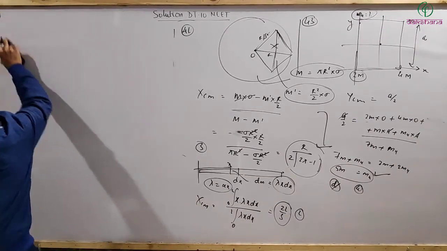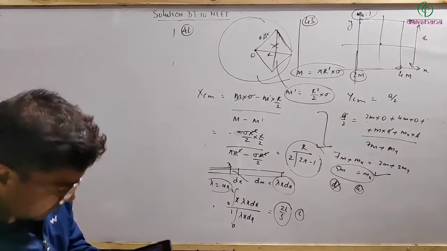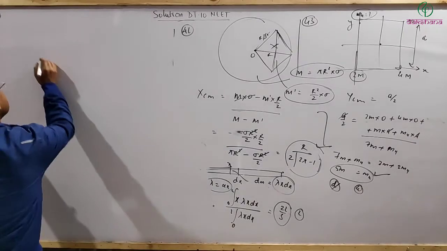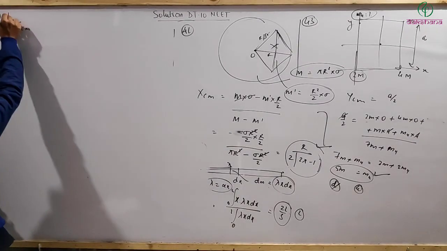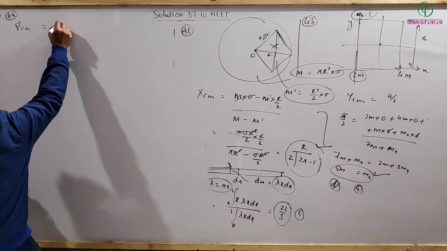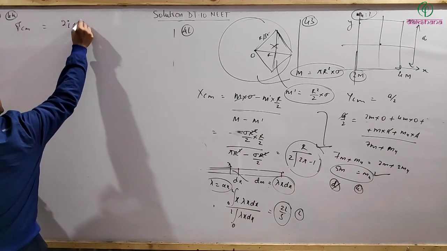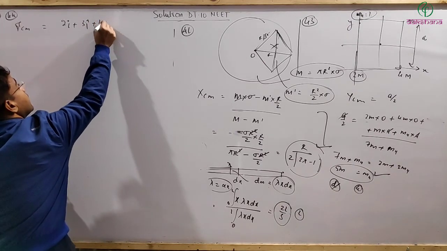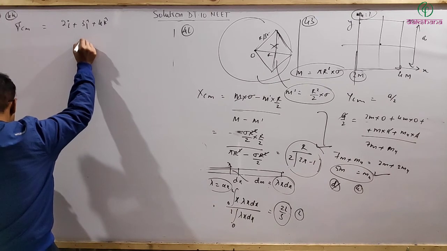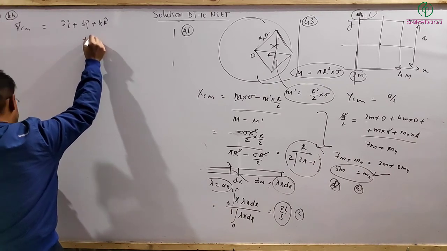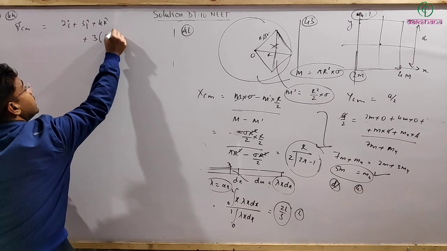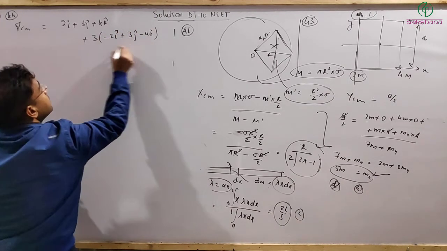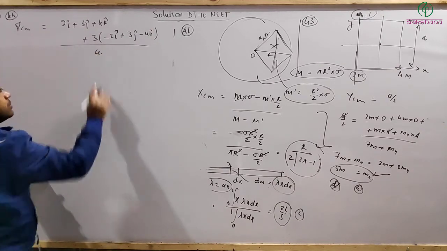position of center of mass will be m1 r1 plus m2 r2 divided by m1 plus m2. The masses are given as 1 kg and 3 kg, so r cm will be 2 i cap 3 j cap plus 4 k cap, plus 3 multiplied with minus 2 i cap 3 j cap minus 4 k cap, whole divided by 1 plus 3, that is 4.